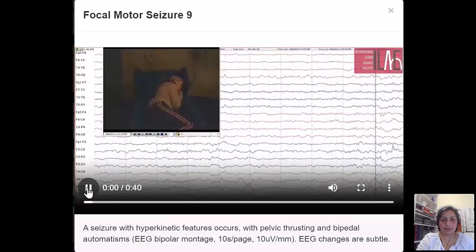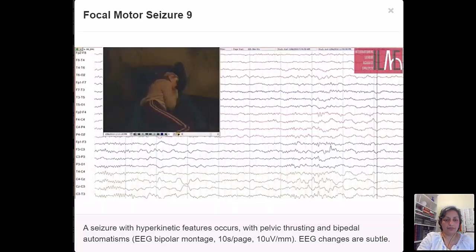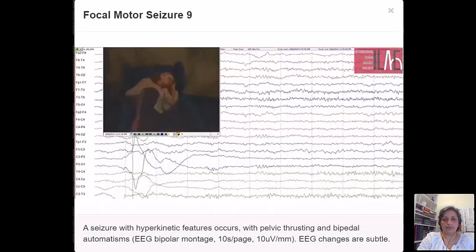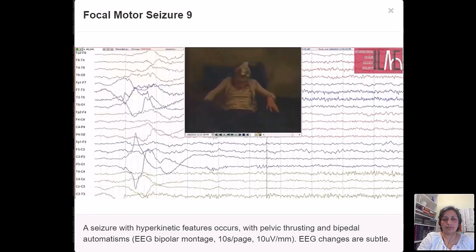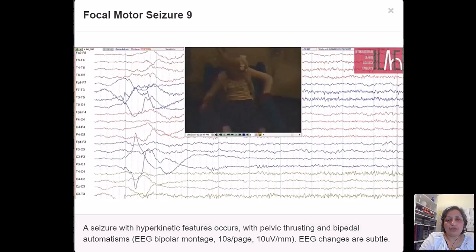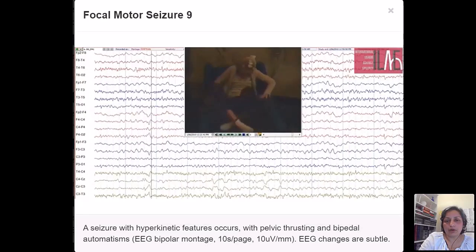All right, here we are. And if you see in the back, low voltage rhythmic fast activity in the T3, T6 area.